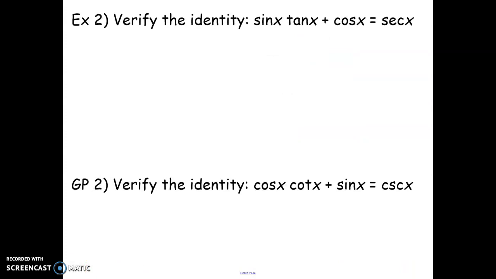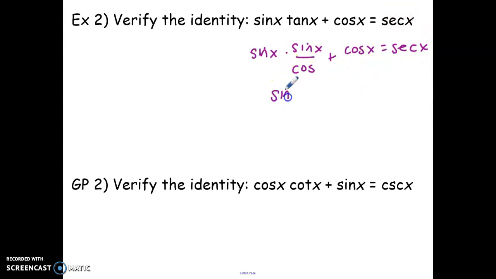Okay, next one, verify the identity. Sine of x times tangent of x plus cosine of x equals secant of x. I'm actually going to rewrite this as sine over cosine. I'm not changing the right side at all.